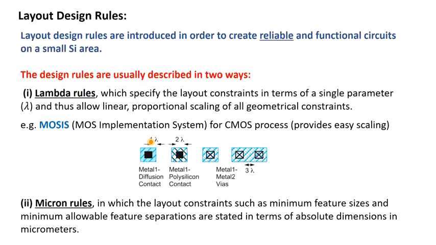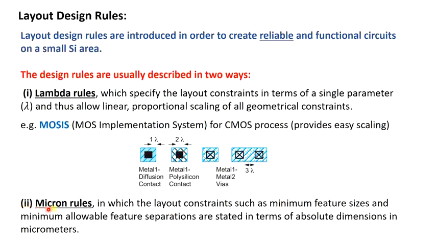So this 1 lambda or 2 lambda is in general terms, and the value of lambda will only change with a change in the technology node. So MOSIS, which is a lambda based design rule, can easily provide scaling. However, MOSIS cannot be directly used for submicron CMOS processes. It is not that straightforward for submicron technology nodes.